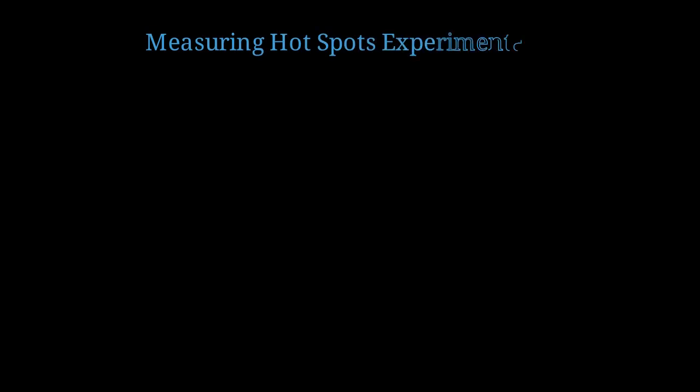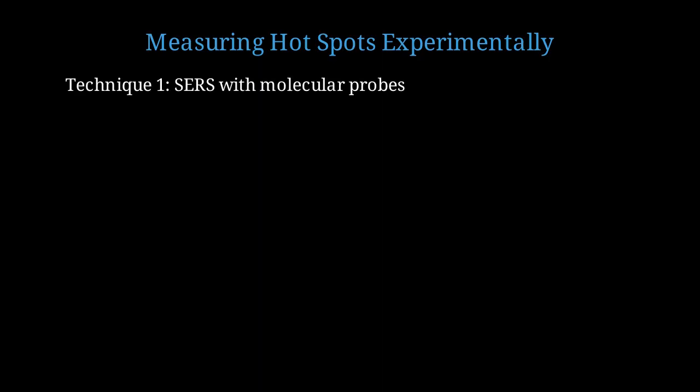How do we actually measure these hotspots experimentally? This is challenging because the regions are so small. Technique 1 uses SERS with molecular probes. By monitoring Raman signals from molecules, we can infer the local field enhancement. Technique 2 is scanning near-field optical microscopy, or SNOM.